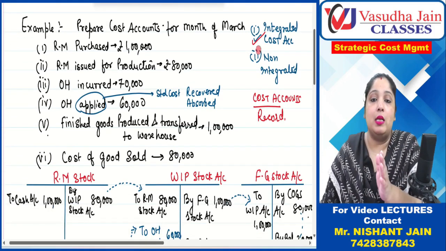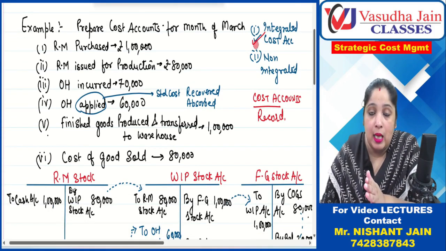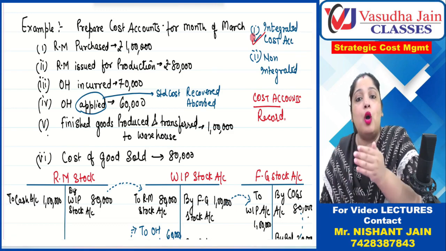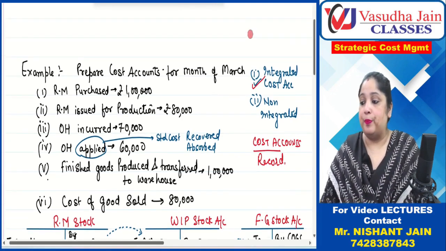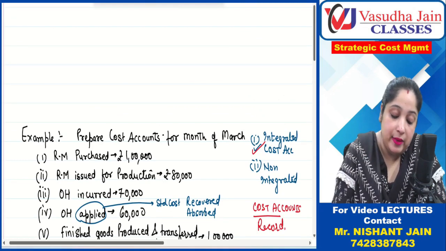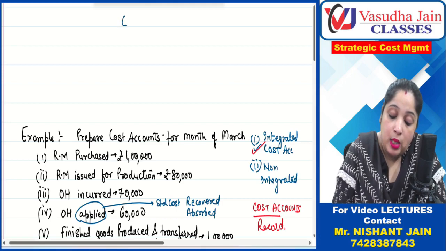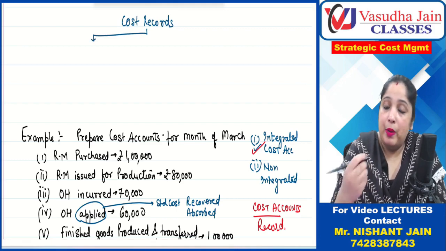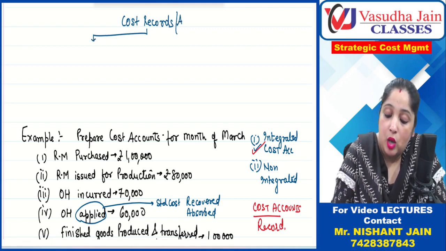Now, how is backflush accounting different from your integrated or non-integrated cost records? See, the basic difference is, first of all, you have to understand both are cost records. You can do your cost accounting.